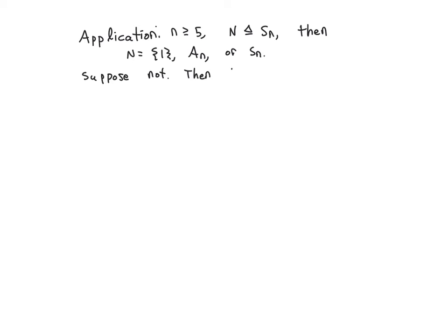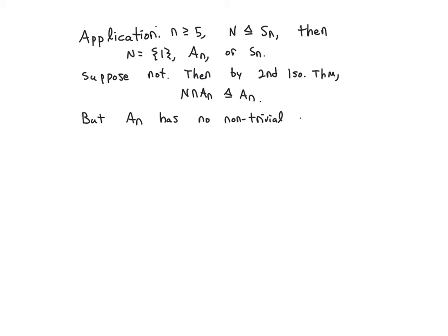Then by the second isomorphism theorem, N intersect An is a normal subgroup of An. But it's a fact, proven in the book, that An has no non-trivial normal subgroups.